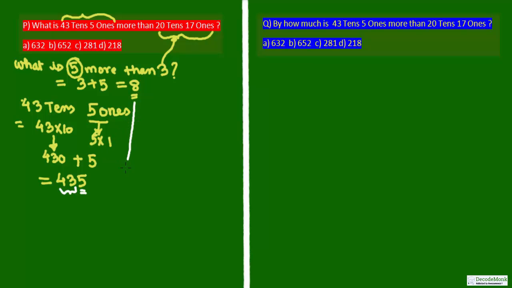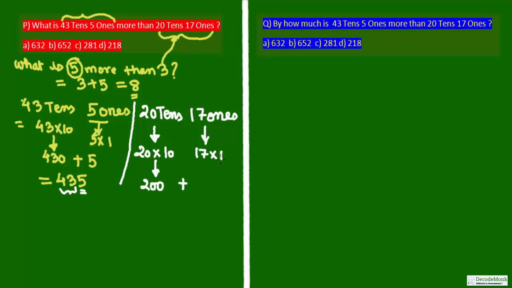Now coming to the next number, that is 20 tens and 17 ones. 20 tens means 20 multiplied by 10, which is basically equal to 200, plus 17 ones means 17 into 1, which is basically 17. So 200 plus 17 is equal to 217.